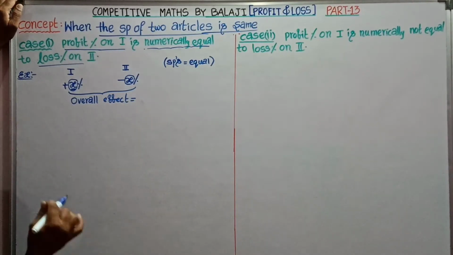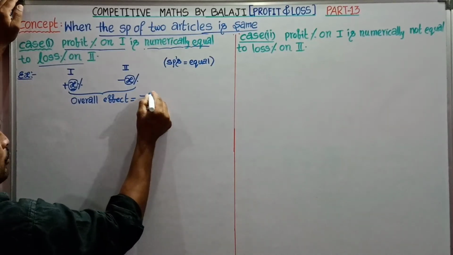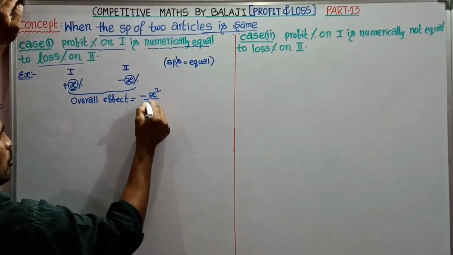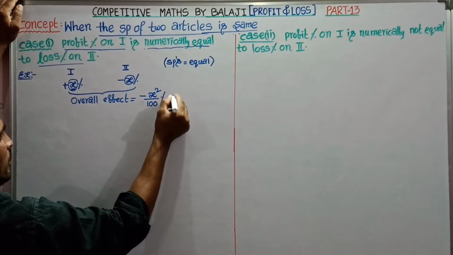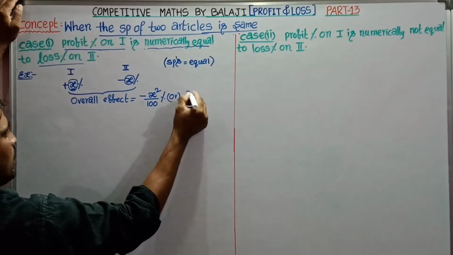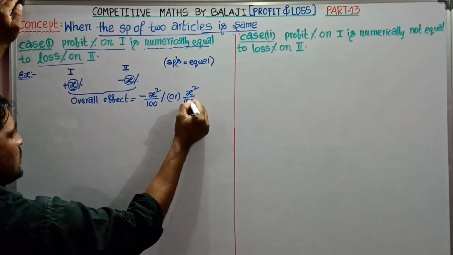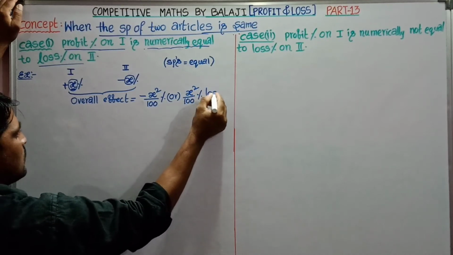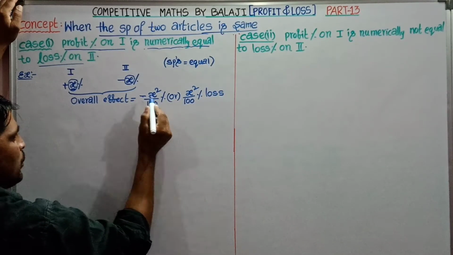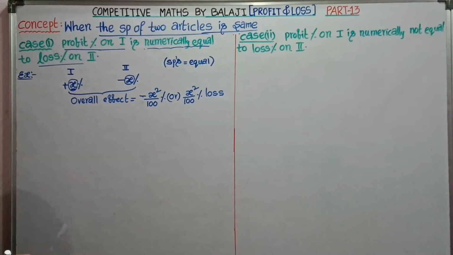Overall effect is always a loss, equal to minus x square by 100%, or x square by 100% loss. Here the negative symbol denotes loss. Let us prove it with an example.